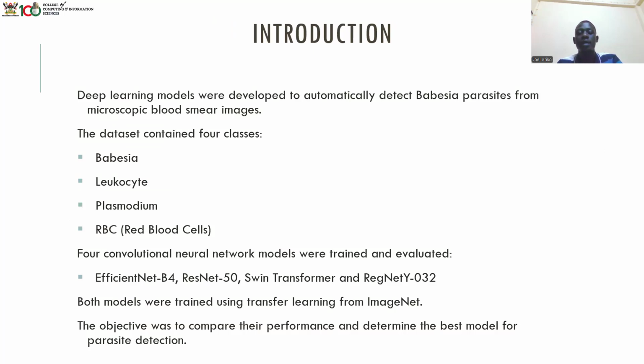We have Babesia, red blood cells, Plasmodium, and leukocyte. The four models that I trained used the following architectures: the EfficientNet B4, the ResNet 50, the Swin Transformer, and the RegNet Y032.